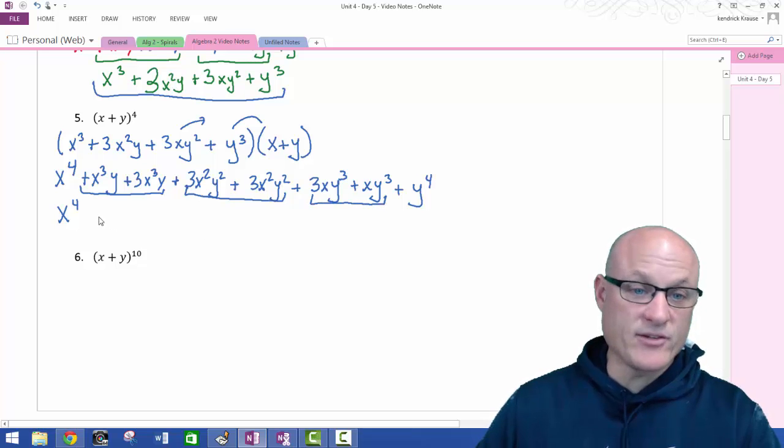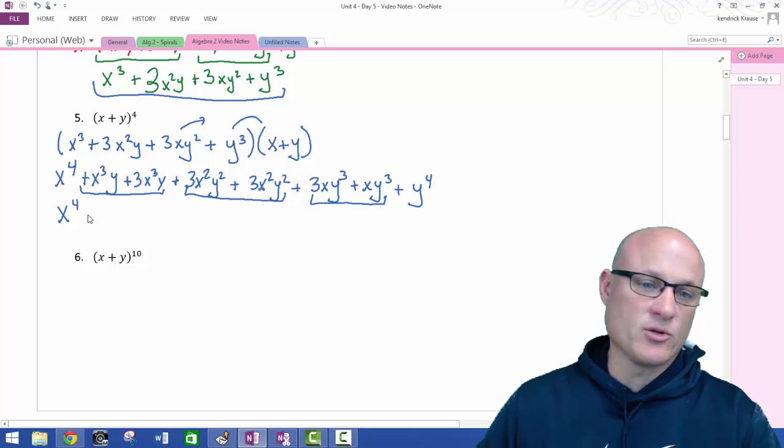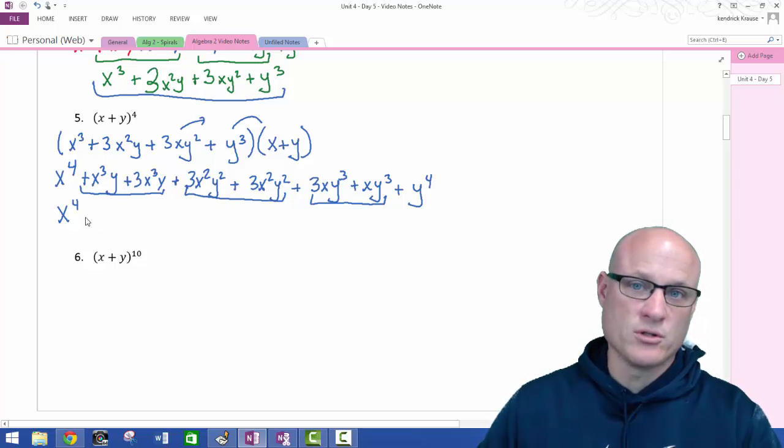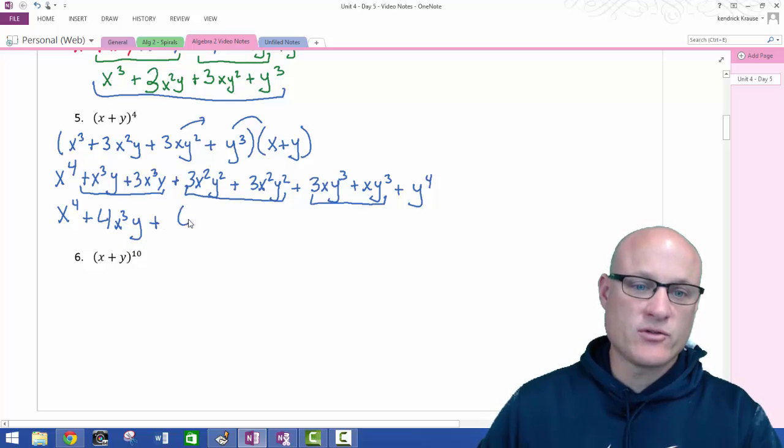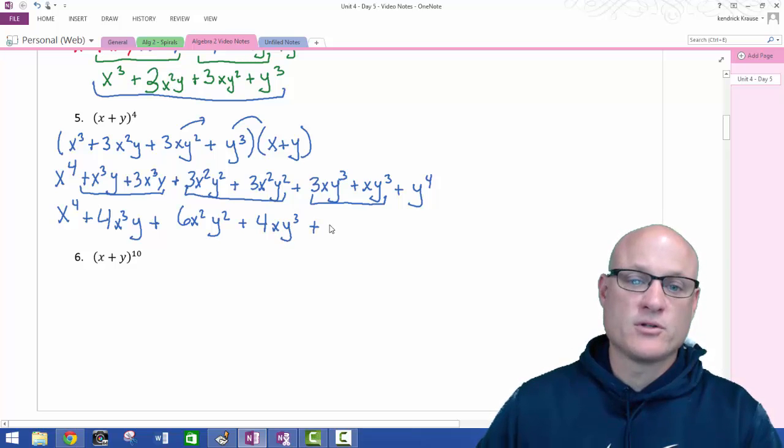And I made this nice with just using x and y. Could you imagine if it is something a little bit different, like a fraction or a negative fraction, it makes it a lot more difficult. So plus 4x cubed y plus 6x squared y squared plus 4xy cubed plus y to the 4th.